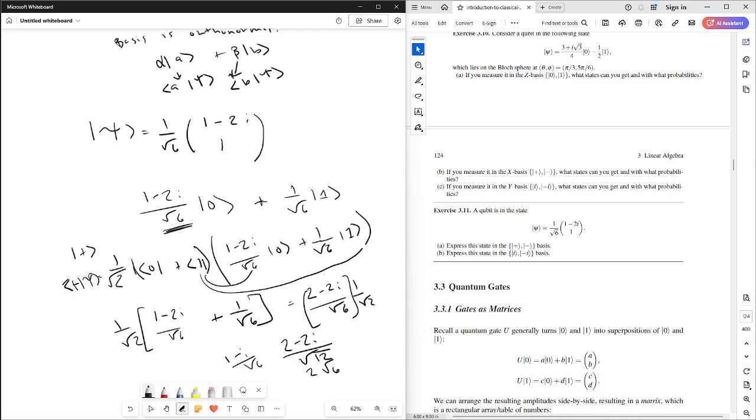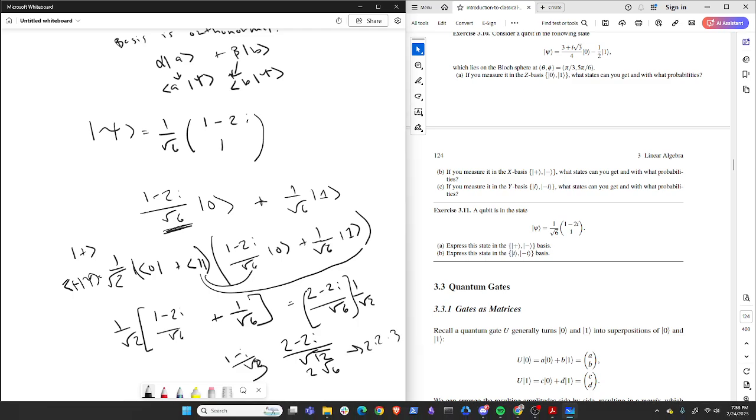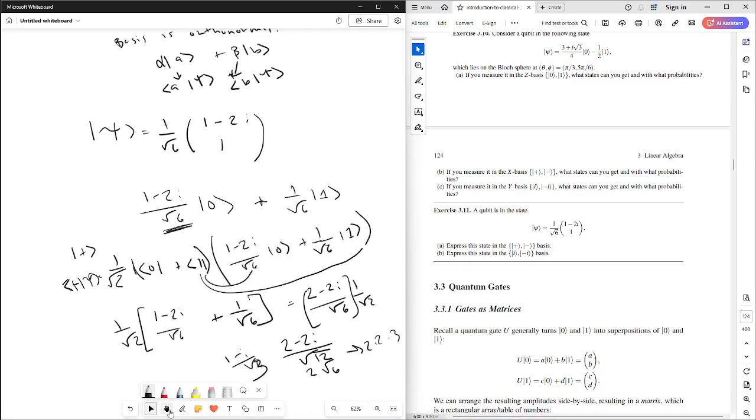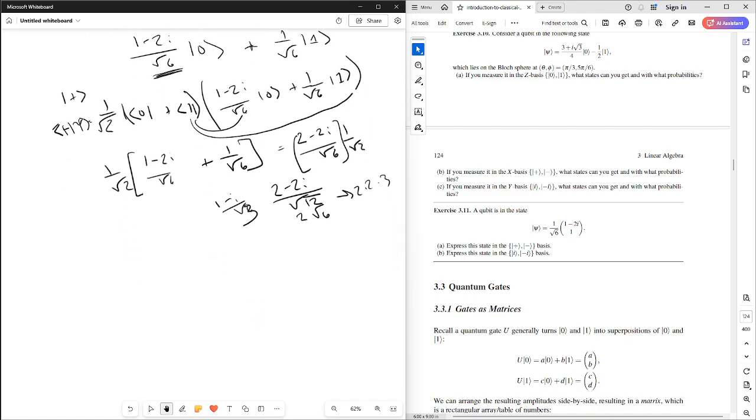Oh, that's right. It's not 2 square roots of 6. It's 4 times 3, yeah, sorry. It's square root of 3. It's 2 times 2 times 3. All right, so 1 minus i over square root of 3.